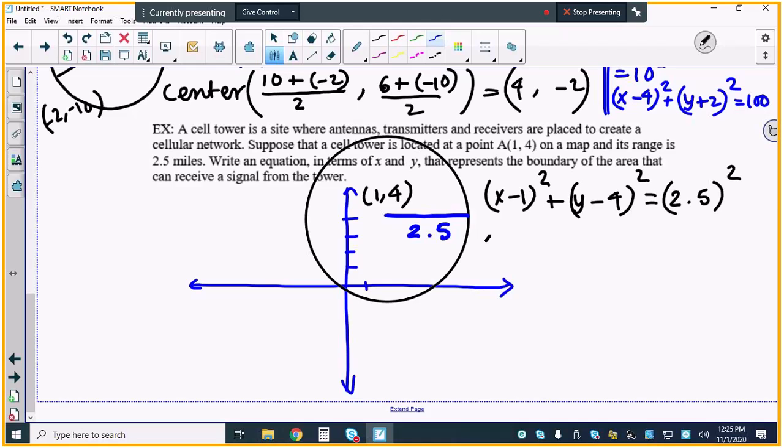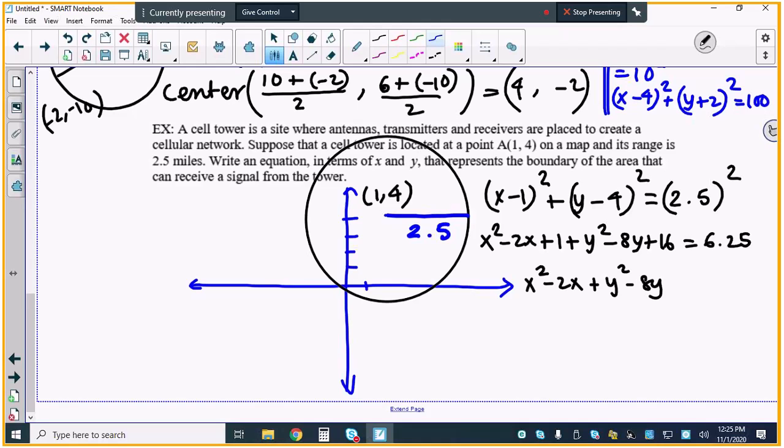So I get x² - 2x + 1 + y² - 8y + 16 = 6.25 when I square 2.5. And then bringing everything to one side and combining the like terms, I get x² - 2x + y² - 8y, 16 plus 1 is 17, minus 6.25.